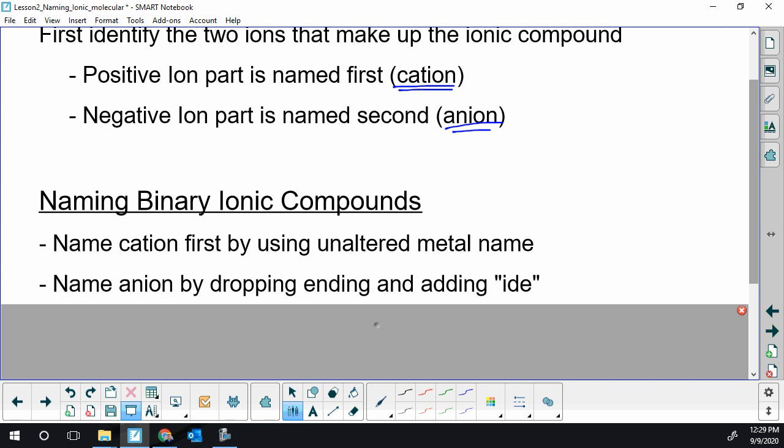To get the anion name, you're going to drop the ending of that atom and add "-ide". Okay? That's how we switch a non-metal from the atom to the ion. Often students are wondering, why am I saying fluorine sometimes and saying fluoride other times?